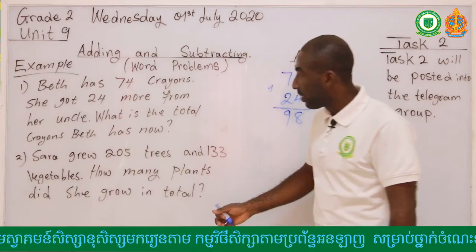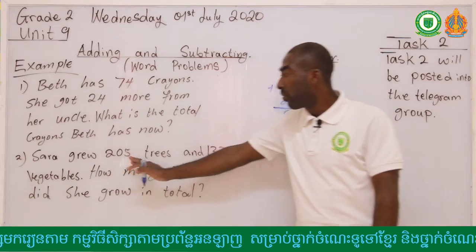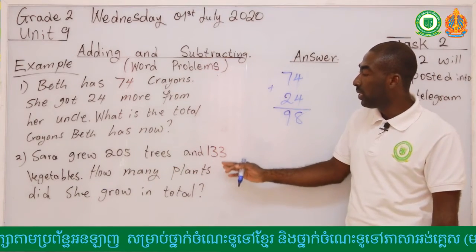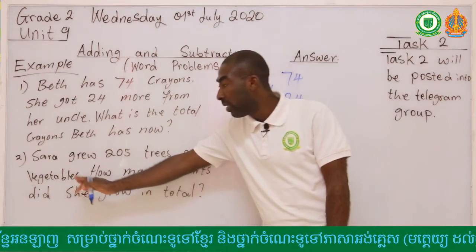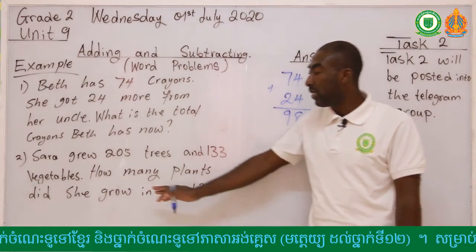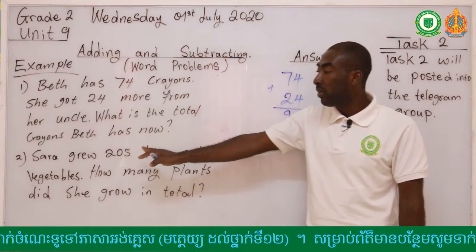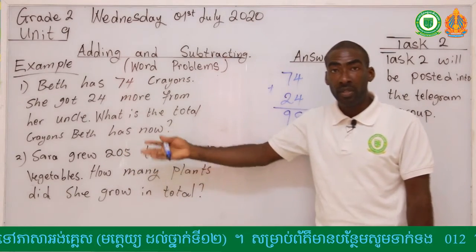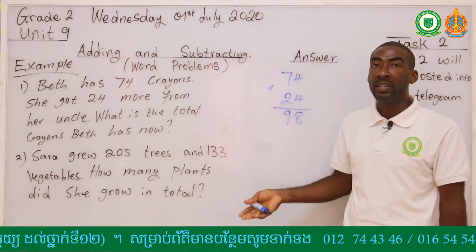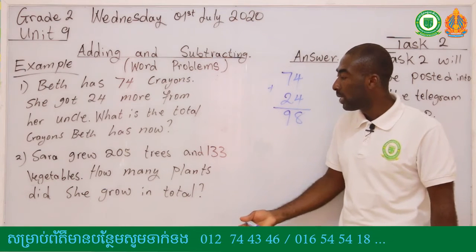Now let's look at our second example. Sarah grew 205 trees and 133 vegetables, okay? How many plants did she grow in total? So she first grew 205 trees, and then she added on 133 kinds of vegetables that she also planted.